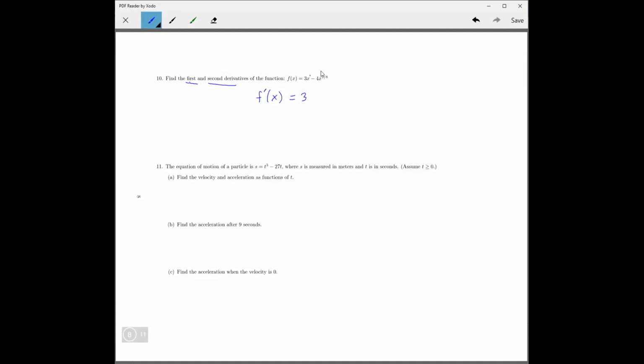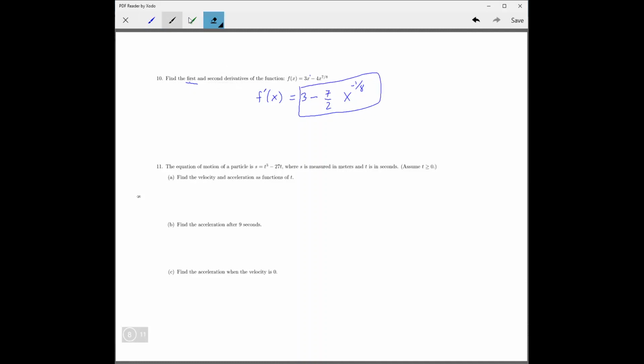Now this next part is minus 4 times 7 over 8, that's going to be 7 over 2, times x to the 7/8 minus 1, which is negative 1/8. Okay, so that will be the first derivative.